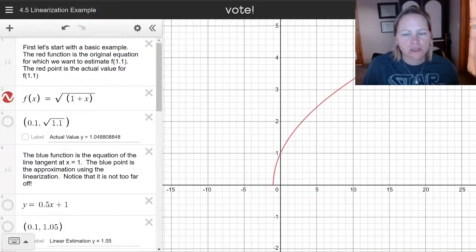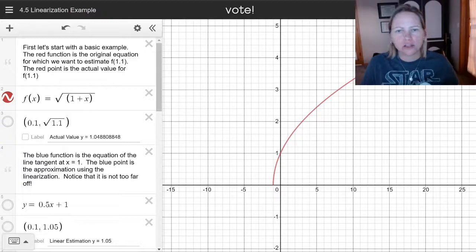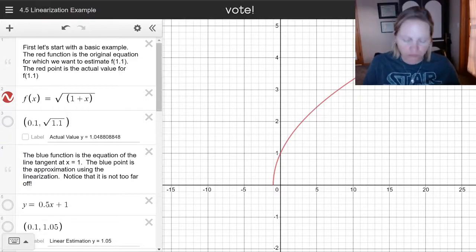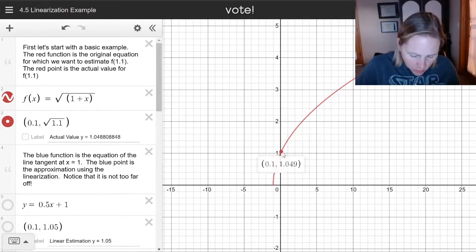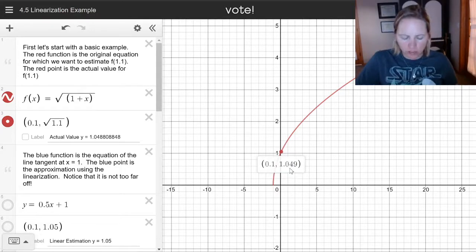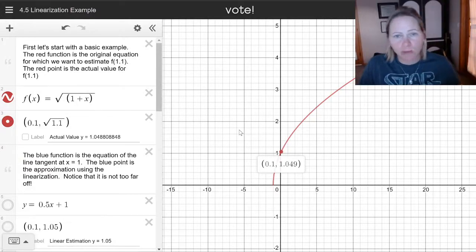So here's my trusty pal Desmos, and here's the graph of the function. Now, on a normal scale, it looks to be like a curved square root function, something we're very familiar with, no surprises here. And I'm even going to plot the actual value. So Desmos will tell me that this point at 1.1, here's my 3 decimal approximation, 1.049, or the actual value is 1.0488088, and so on.